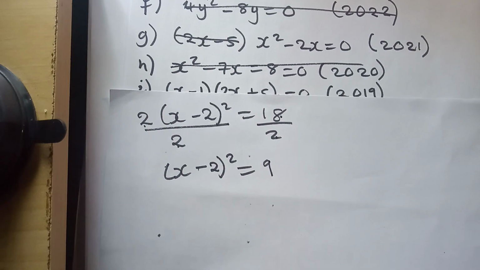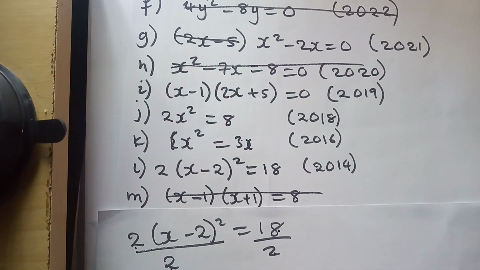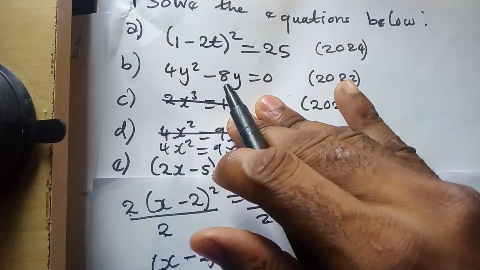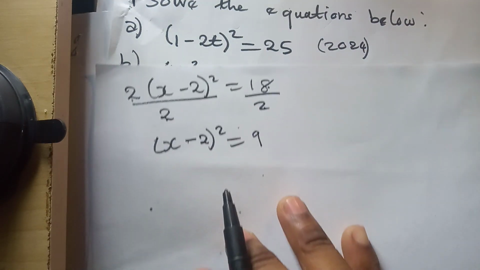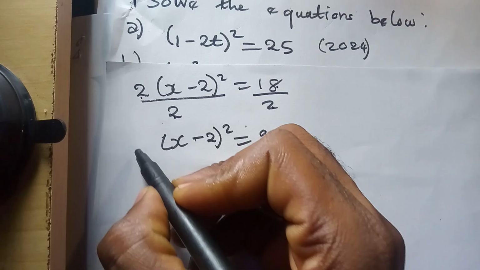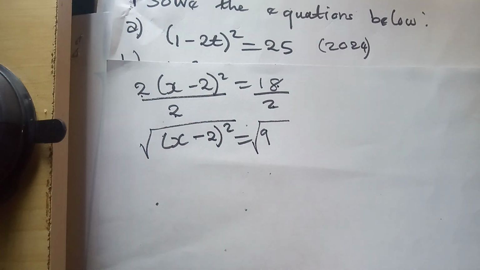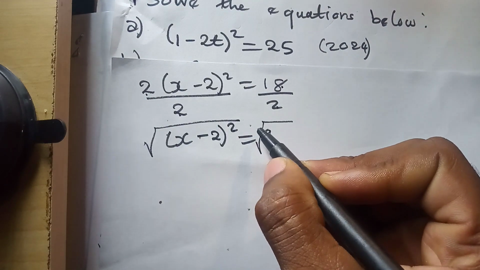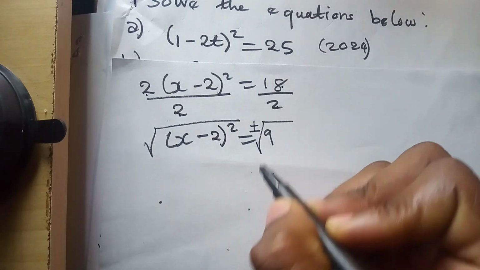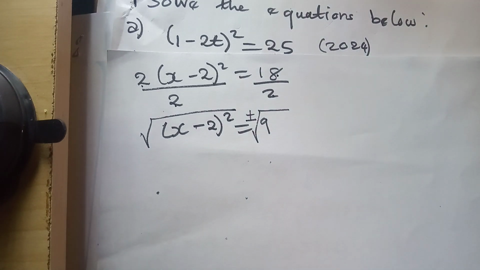This is 9. And then now, as you can see, this is similar to the one we were just solving, this one here, the part A. So all you have to do to get rid of this square is introduce the square root on both sides. But remember, on your right hand side, always put plus or minus whatever the square root of 9 is.